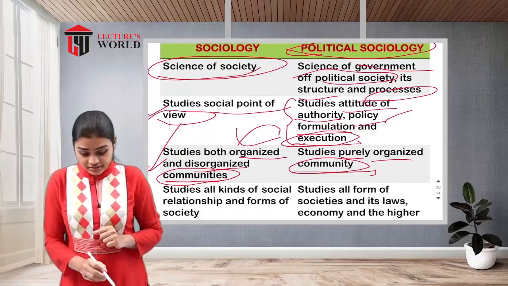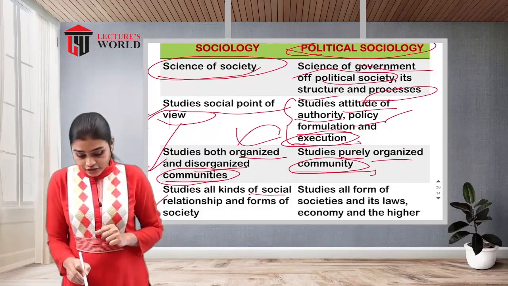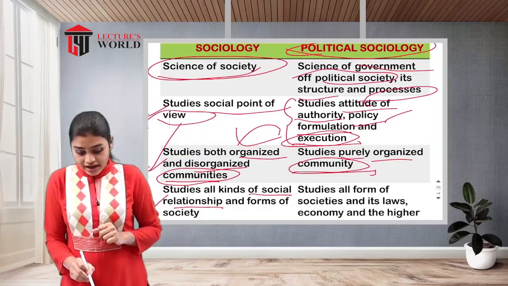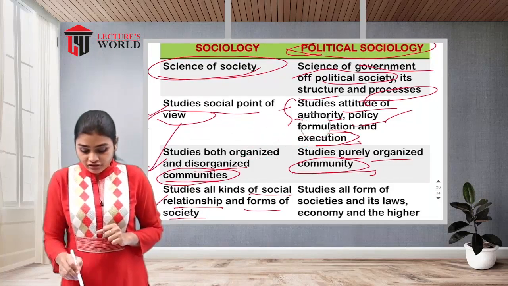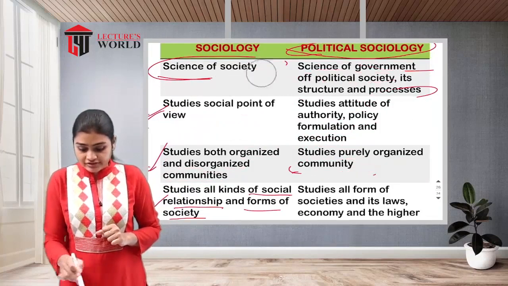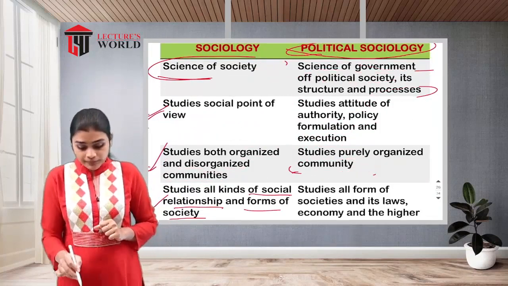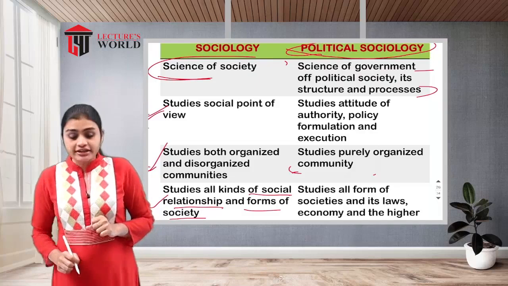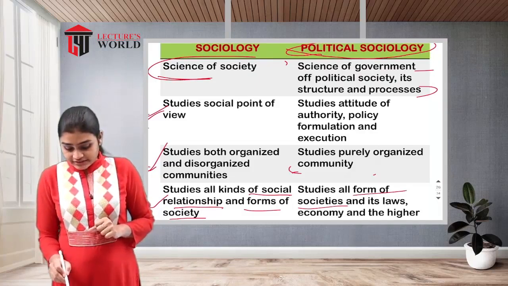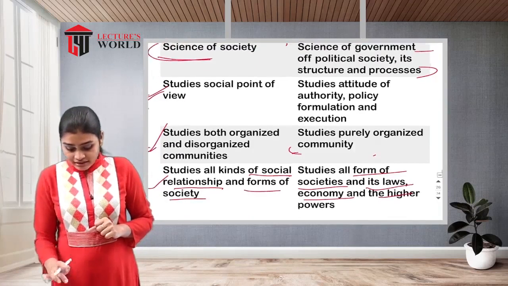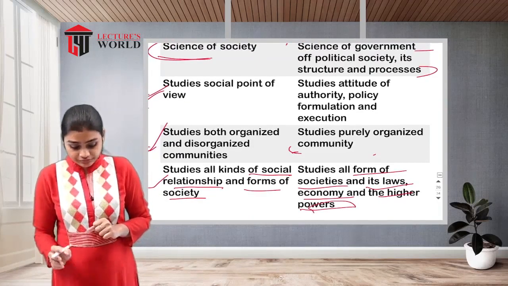The next is: studies all kinds of social relationships and forms of society. Whereas political sociology studies all forms of societies and their laws, economy and higher powers.